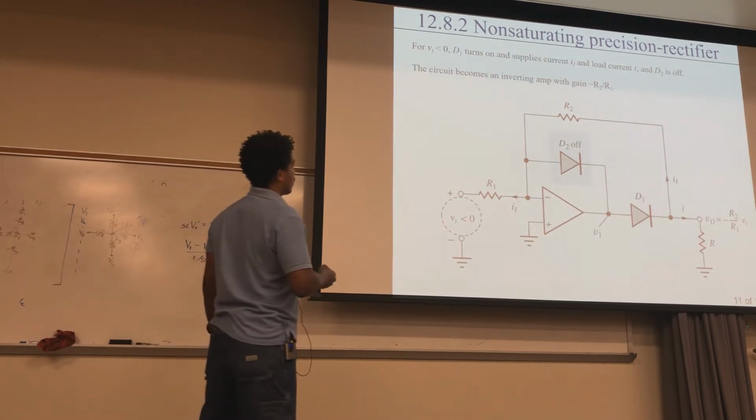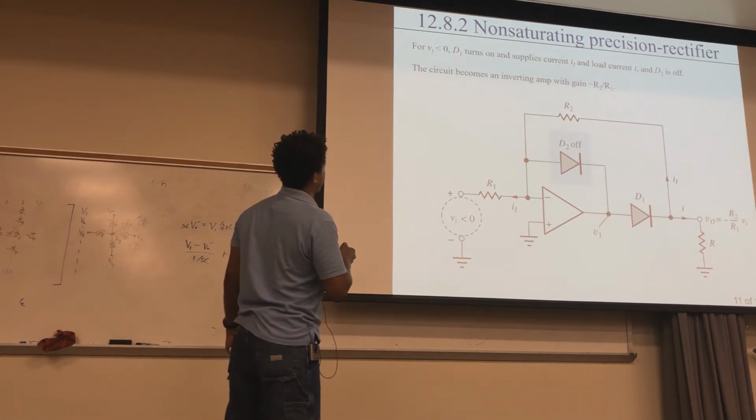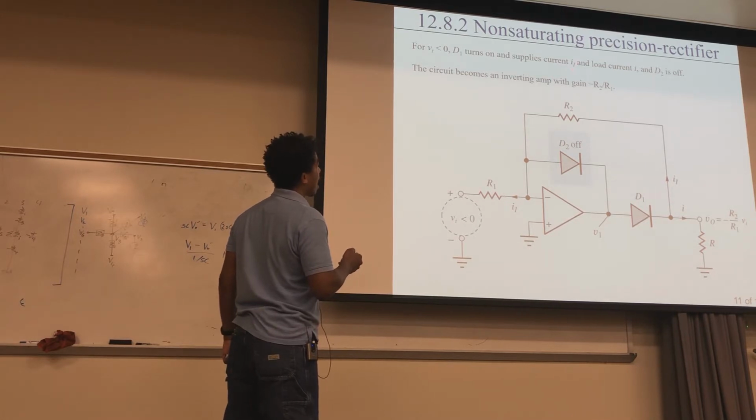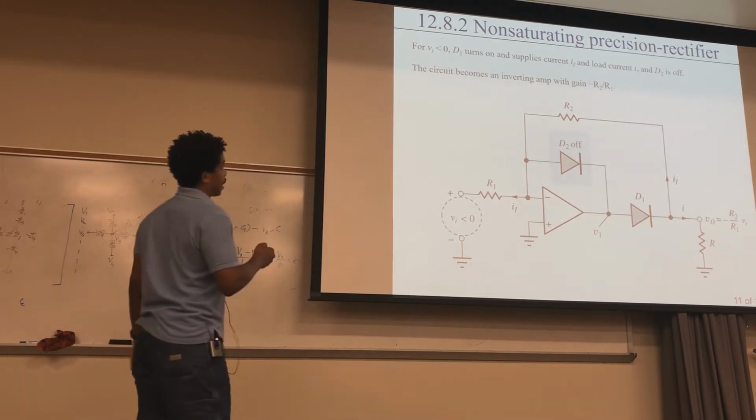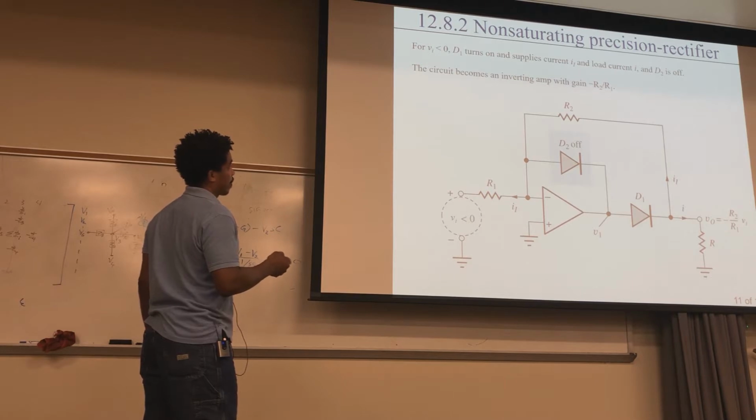For the case of negative input, this diode D1 turns on and supplies current I right here, and load current I, and this D2 is now off. Okay, and the circuit then becomes like an inverting amp with this type of gain right here.